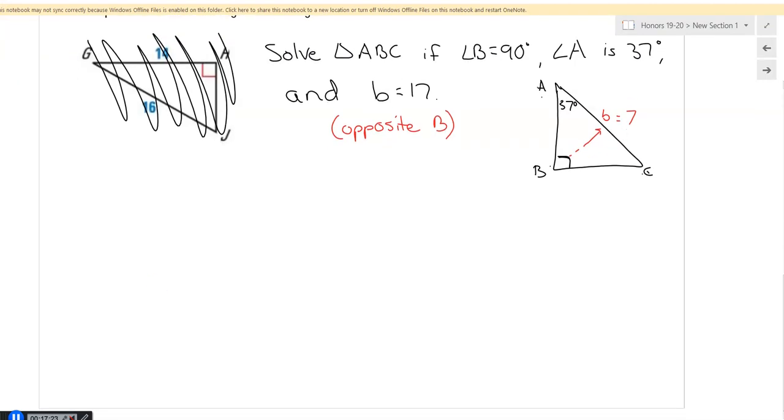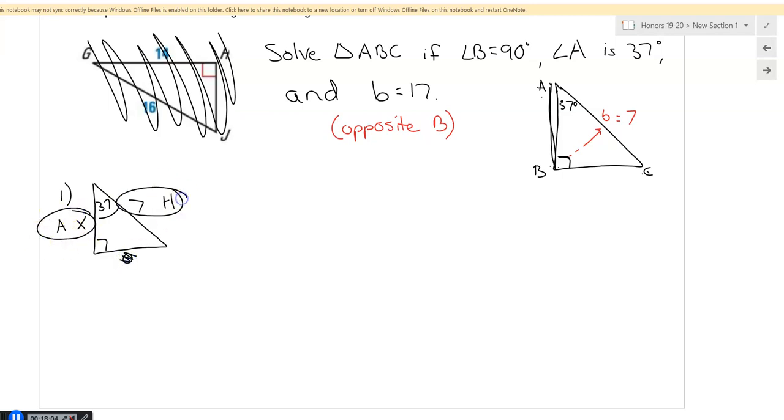Okay. So now we'll go through our 3 parts. What's something I'm missing? Well, I'm missing AB. So I'm going to quickly draw that triangle. I know 37 goes here, 17 goes here. I'm going to solve for this missing side. So again, I have an angle. I have my opposite side, my adjacent side, and my hypotenuse. My opposite side is unimportant, so I'm going to be using cosine.